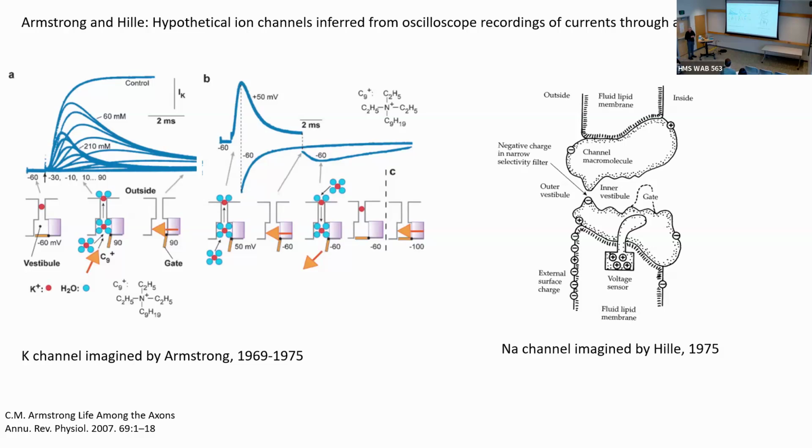And so one of the ideas he had was, well, maybe the way the potassium channel works to select potassium over other ions like sodium ions, he formulated the idea that normally potassium is surrounded by waters. It's hydrated because it's positively charged and interacts with the electronegative parts of the water molecule.